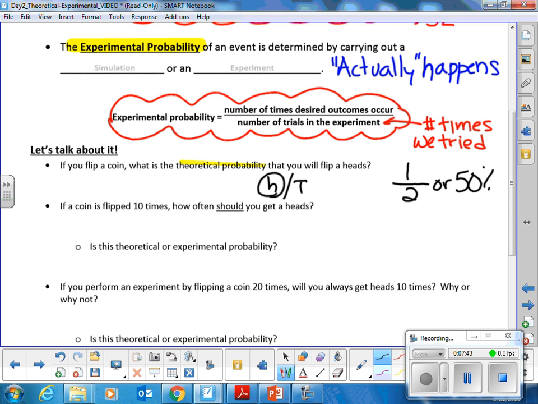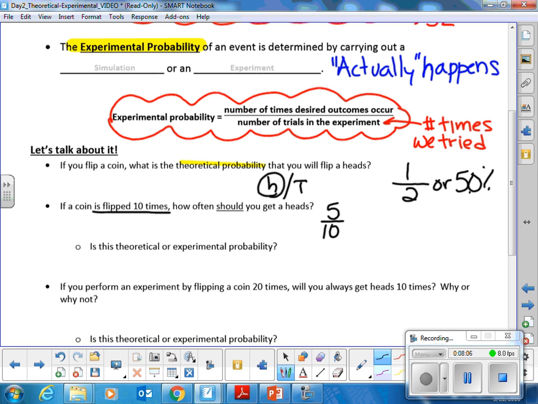But if a coin, here's our experimental, if a coin is flipped 10 times, how often should you get heads? So it's flipped 10 times. And if I know that it's 50%, you have to ask yourself, well, out of 10 times, if it's 50%, how many times should I get heads?